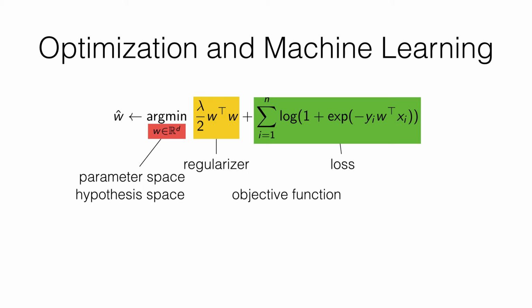We say, well, we want the model to be simple, so we add a regularizer, and we want the model to predict the training data well, and that's the loss function. We add them up and we decide on some weighting between the two, and then we essentially abstract away the problem of trying to find a good model, and we just say, let's just let some optimization algorithm do it.